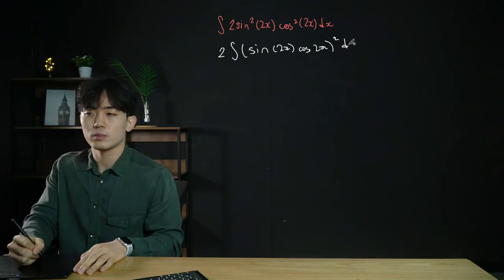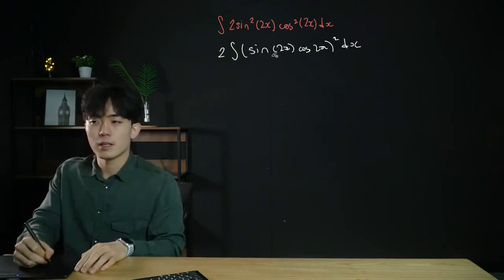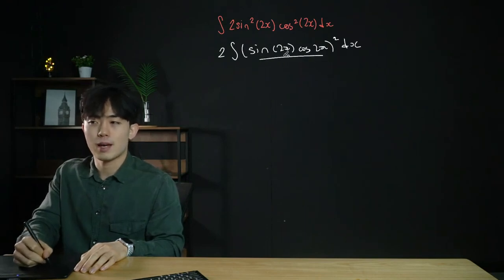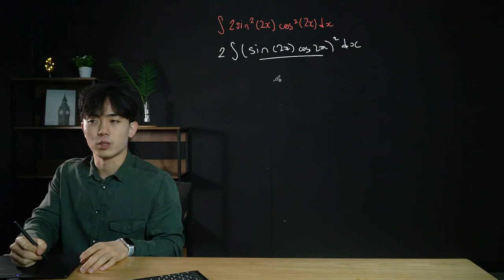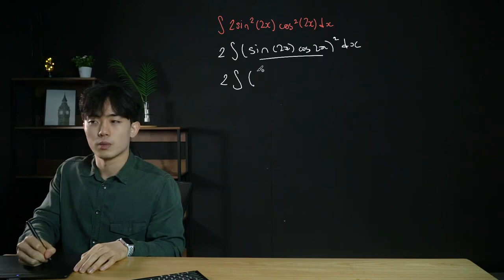If I just look at this term here, sin 2x cos 2x, because they're the same angle, we can use the double angle formula, more specifically the sine one. So I can rewrite that as 1 over 2 sin 4x, and that's going to be squared.